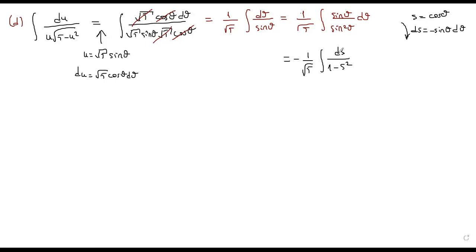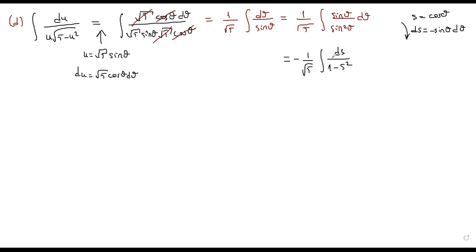For that, we will use that table for partial fraction decomposition. I haven't shown that table yet. In the 4th question, I guess we will see that. But let's do that here together.